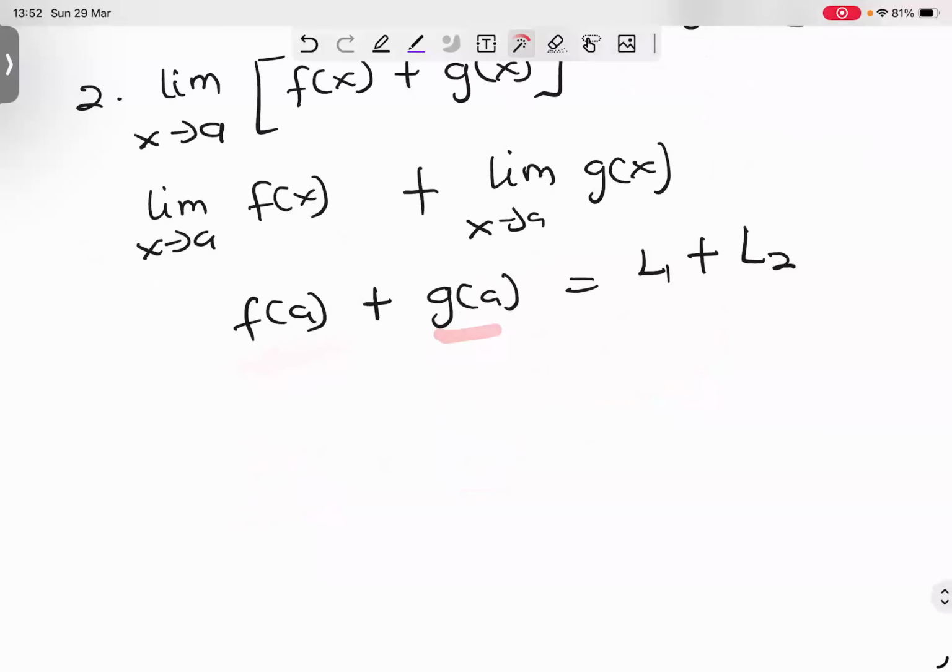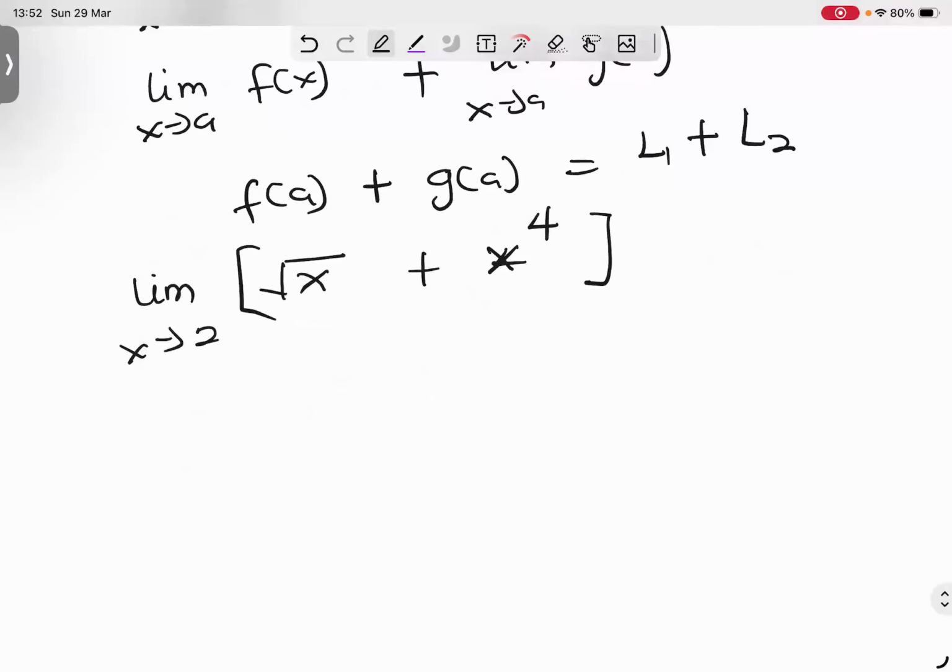An example of this: if we are to find the limit as x approaches 2 of, maybe, the square root of x plus x to the power 4.